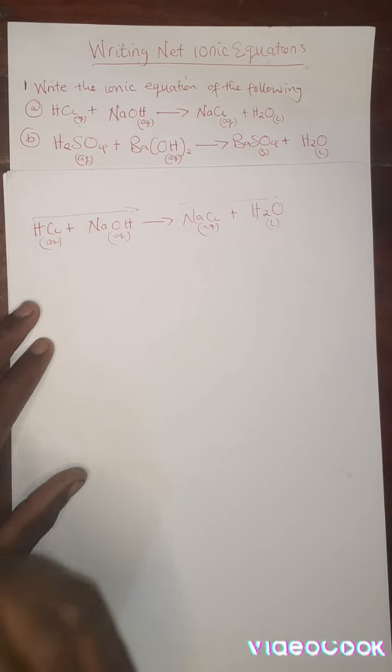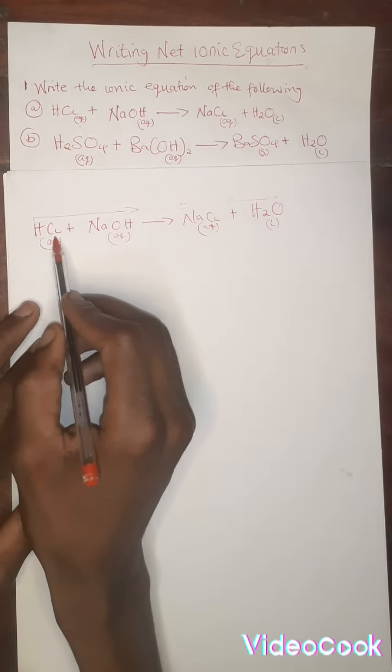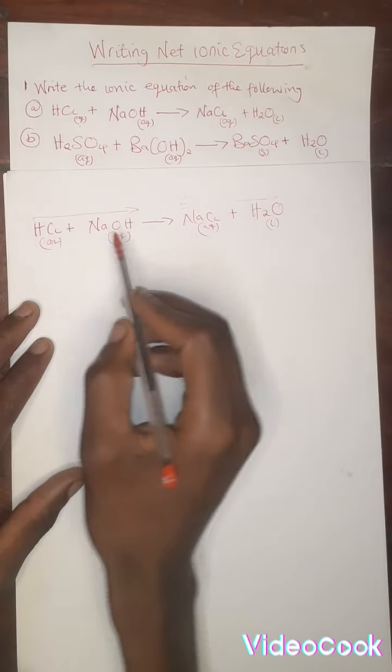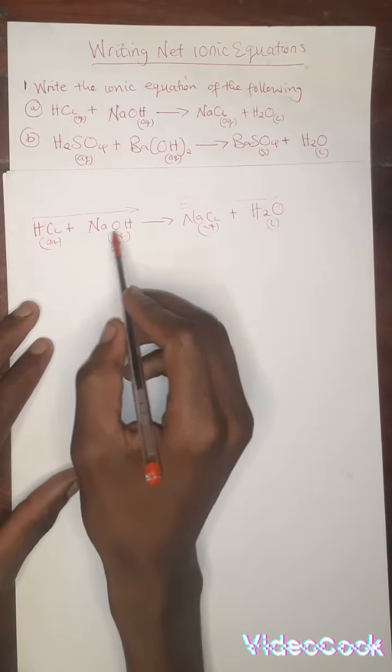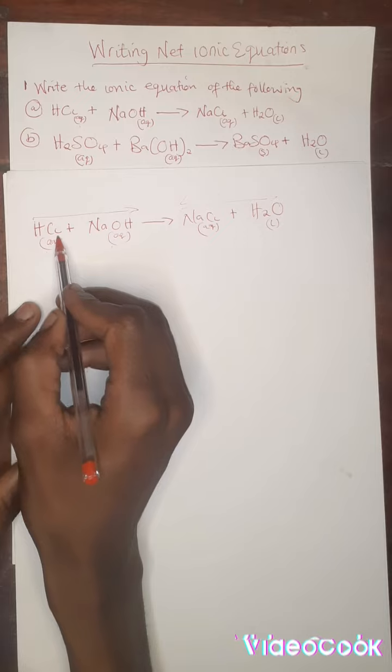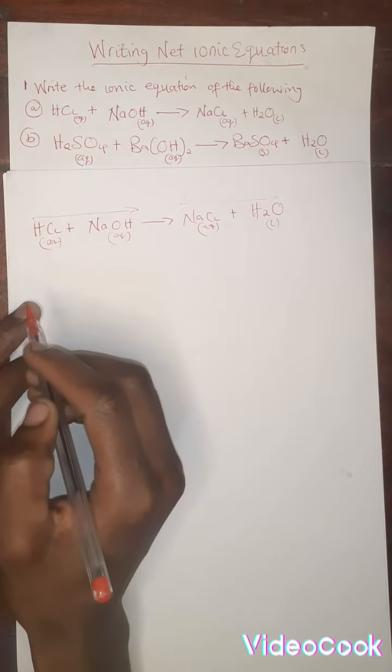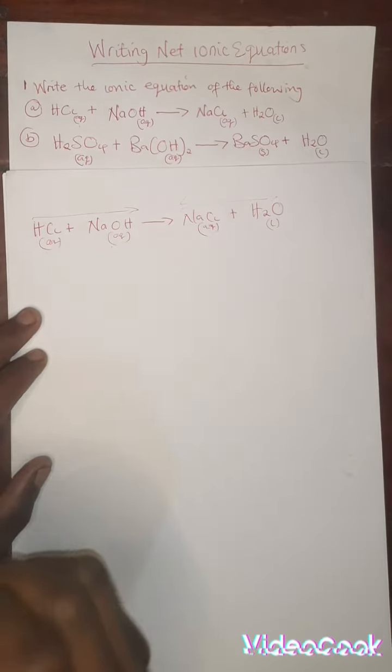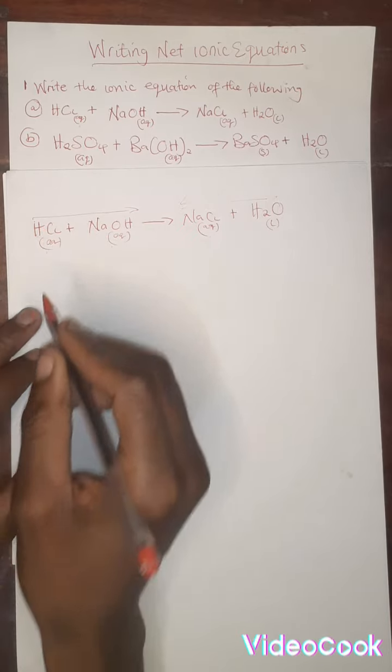So you need to know what makes up hydrochloric acid and what makes up sodium hydroxide. Hydrochloric acid is made up of hydrogen and chlorine, so you need to split these two. When splitting, these are going to be ions.